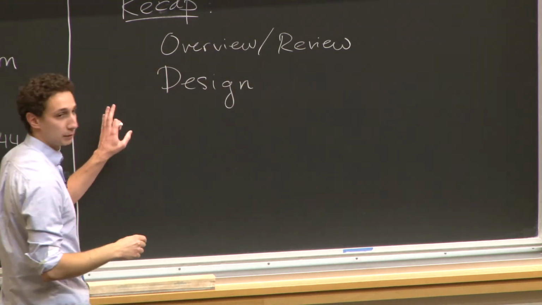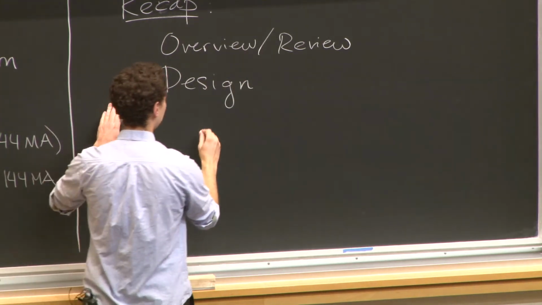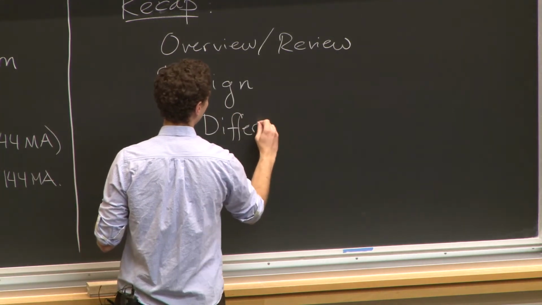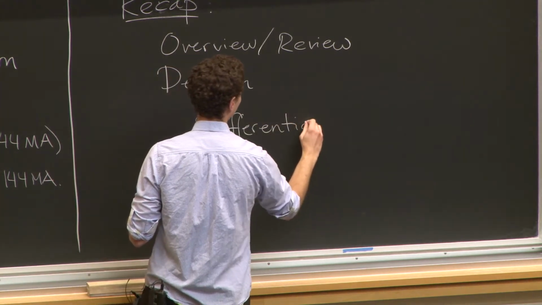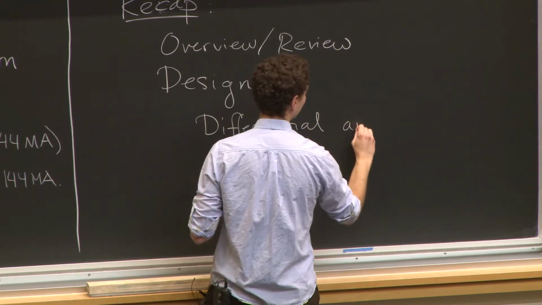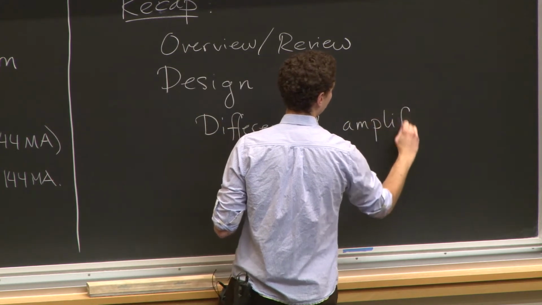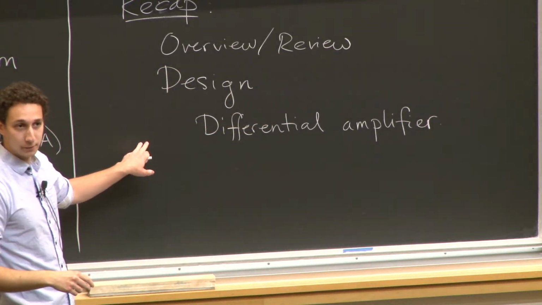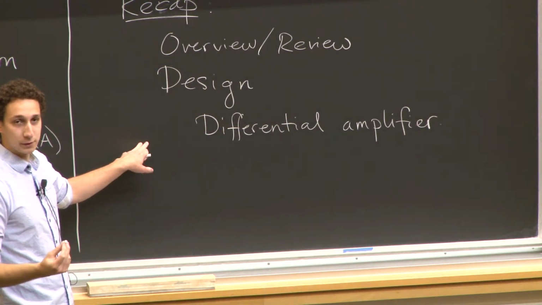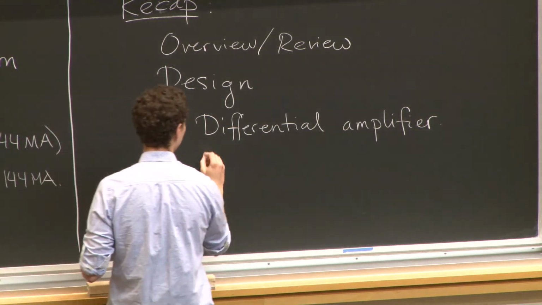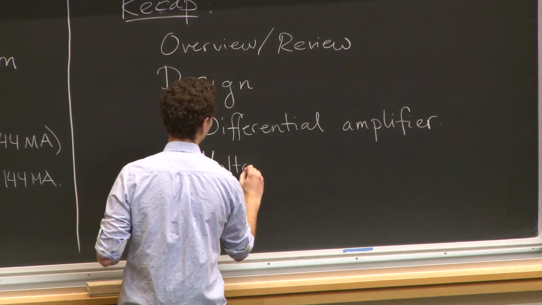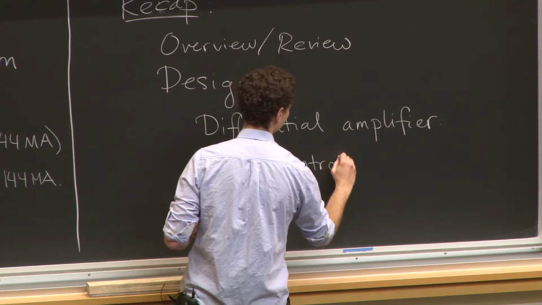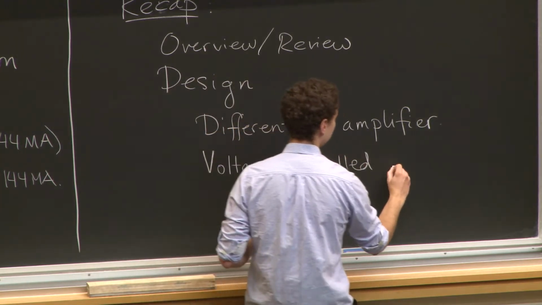We did a few examples, including a differential amplifier, a way that we could take a differential voltage measurement. And the other circuit that we did was a voltage-controlled current source.